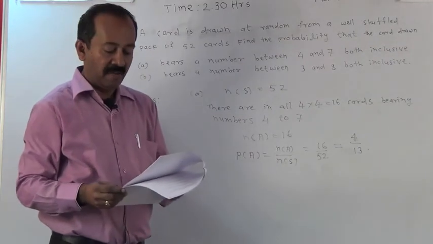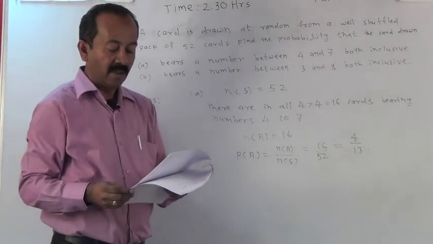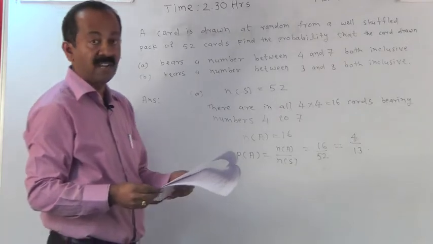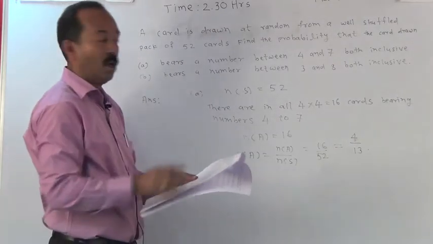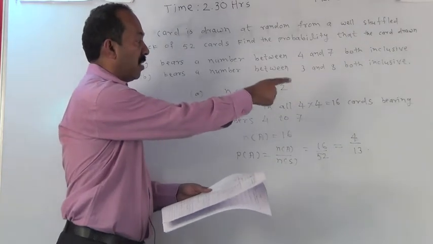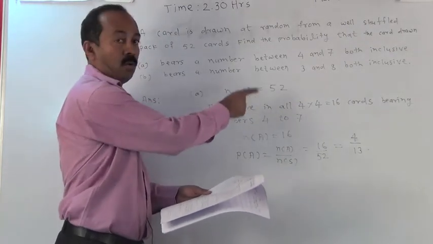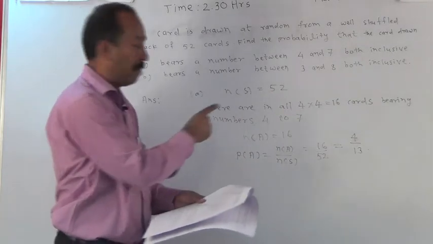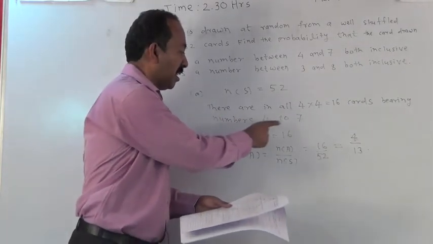Let A be the event that the card drawn bears a number between 4 and 7, both inclusive. So there are in all 4 into 4, 16 cards bearing numbers 4 to 7. So number of sample points in A is 16.